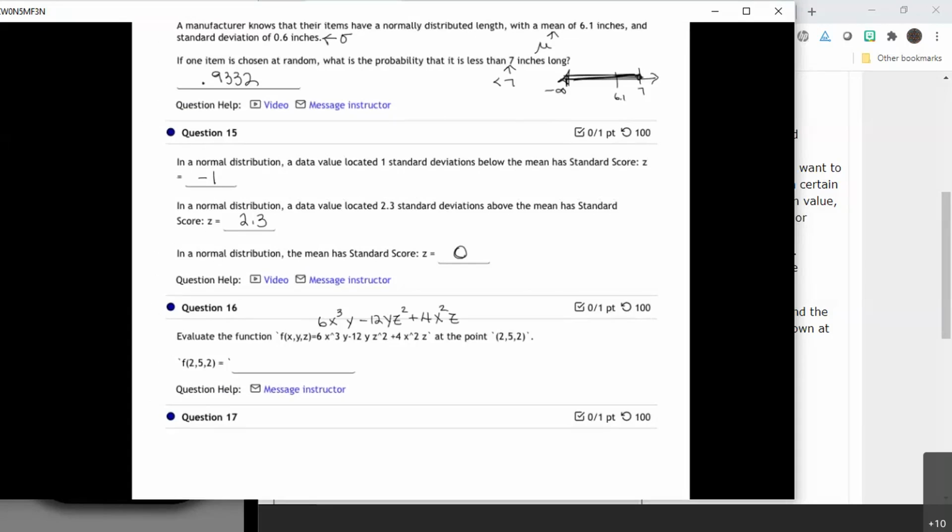So all you need to do with this is plug in the X, Y, and Z values they give you, and evaluate it on a calculator. It's just a strict evaluation on a calculator. I got a 32. All right, so it's not asking you to do anything strange.